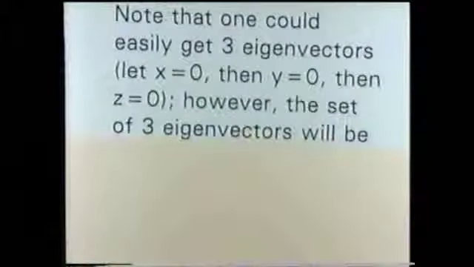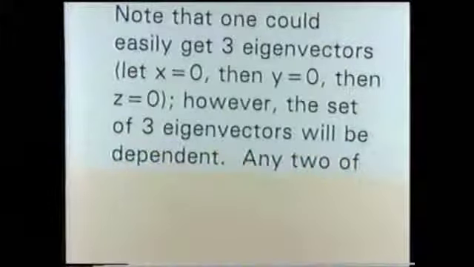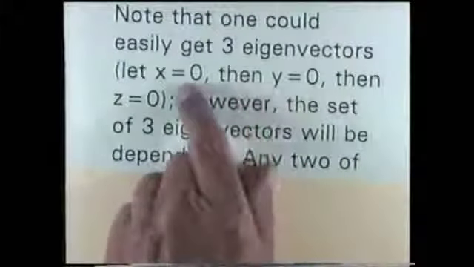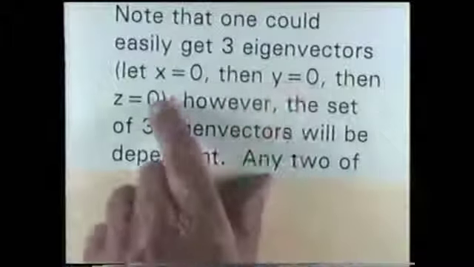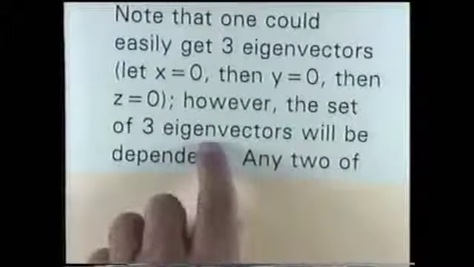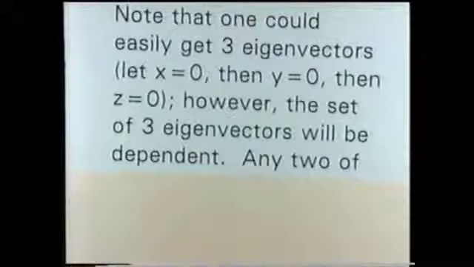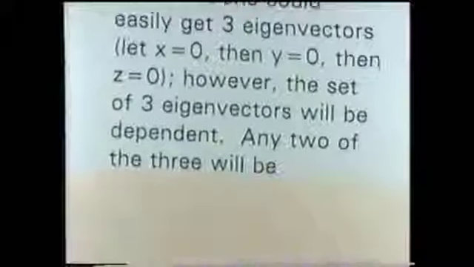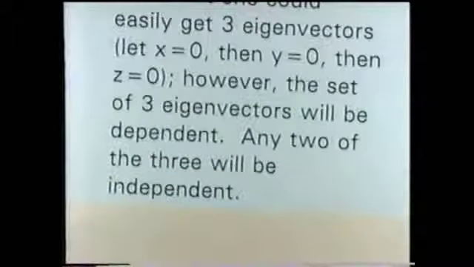Well, the reason is the set of 3 eigenvectors will be dependent. So if I create the 3 eigenvectors by letting x equals 0, y equals 0, and z equals 0, then the set of 3 will be dependent. Any 2 of the 3 will be independent.